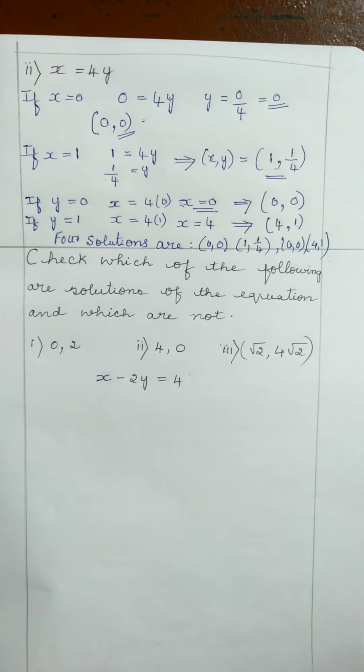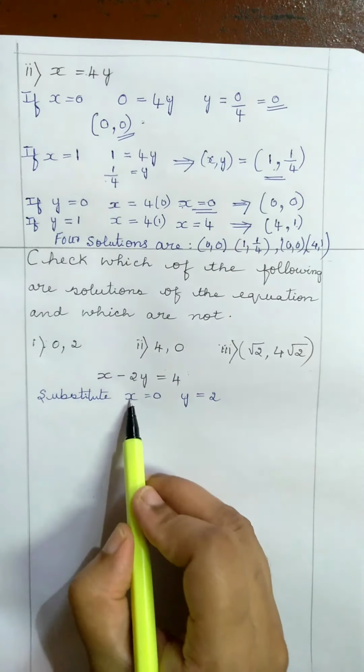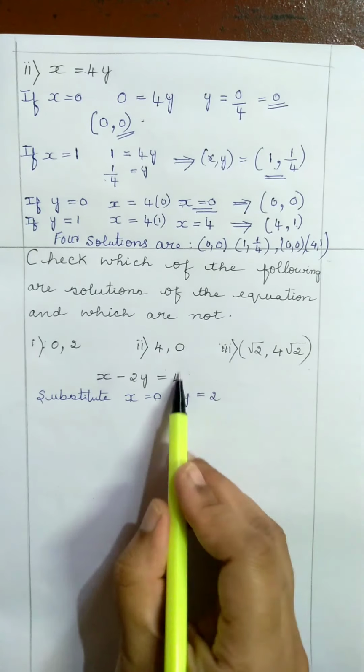When LHS and RHS values of the two sides become equal, then those values are the solutions to the given equation. When LHS value is not equal to RHS value, then it is not the solution of the given equation.